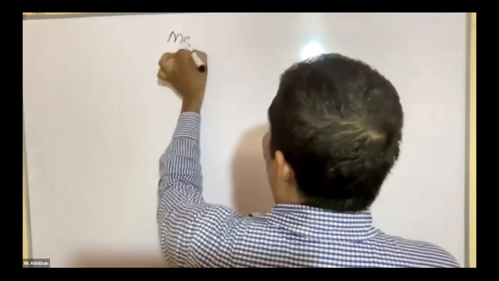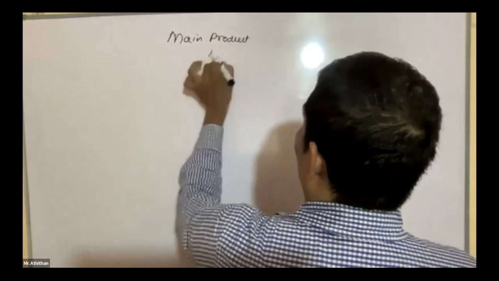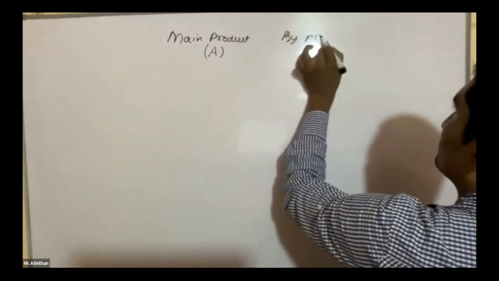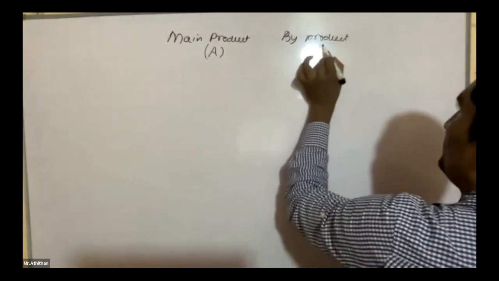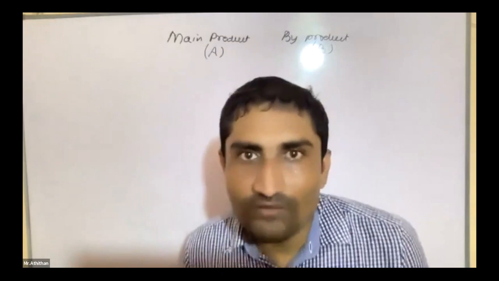Right. We will record the question. Main product A, byproduct B. ABC recorded the following results.